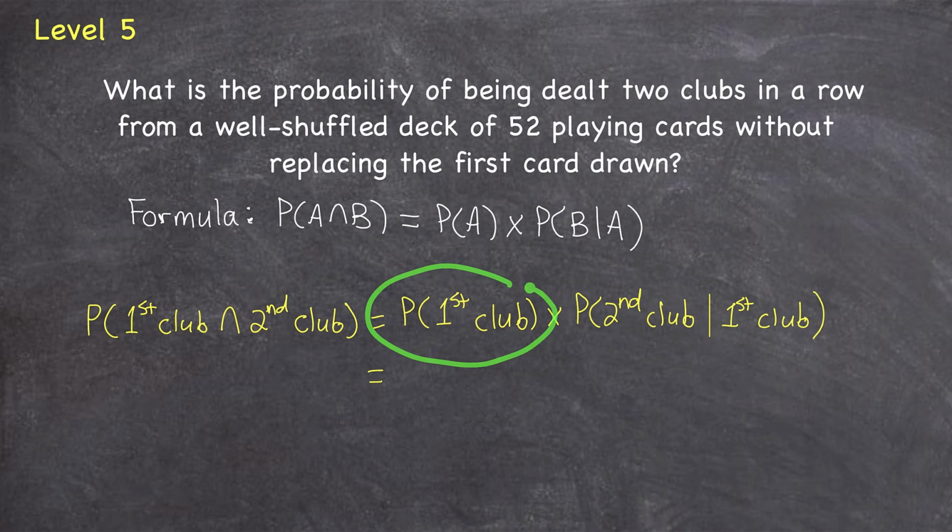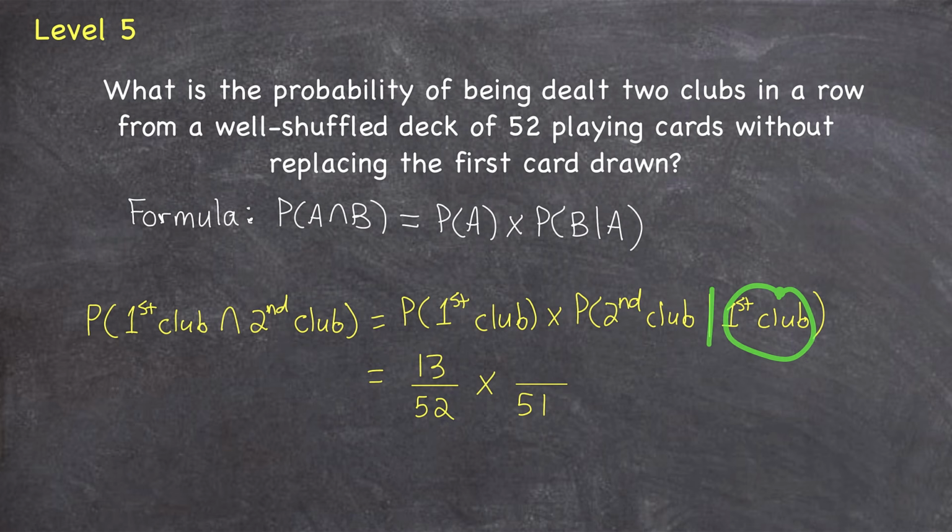Well, the probability that the first card you draw is a club, 13 of the 52 cards are clubs, and then we have to multiply that by the probability the second card is a club, given that the first card was a club. So we've already drawn a card out of the deck, meaning there are only 51 cards left to draw from. And how many of those 51 cards are clubs? Well, we're given that the first card drawn was a club, meaning there are no longer 13 clubs left in the deck.